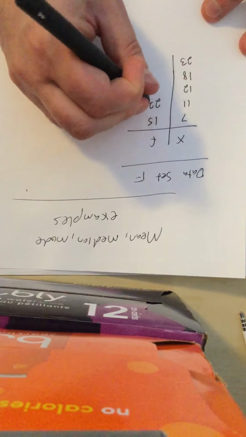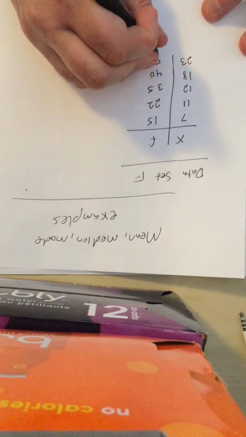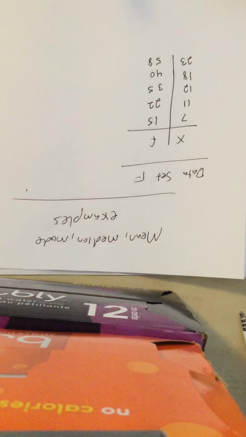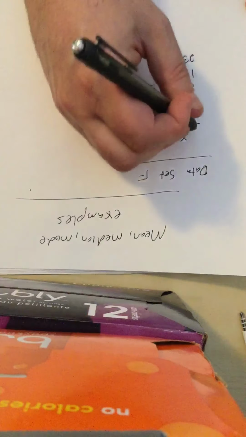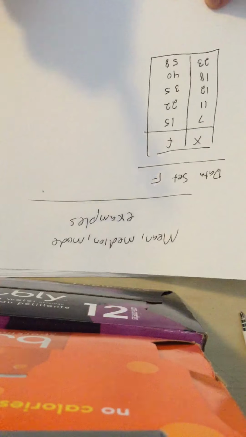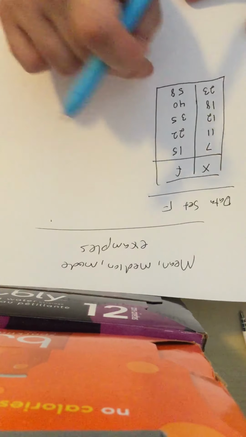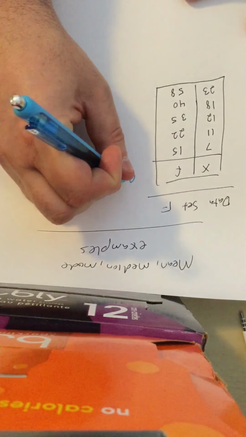So 15, 22. And we're going to find a mean, median, mode for this. If you want, you could probably pause the video temporarily, try to work it out yourself. But if not, we're going to go through the answer.